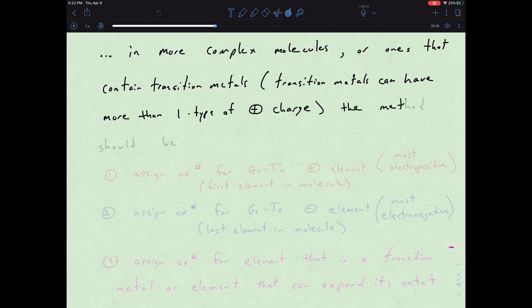the method should be, starting with step 1, assign the oxidation number for your go-to positive element, or most electropositive element.